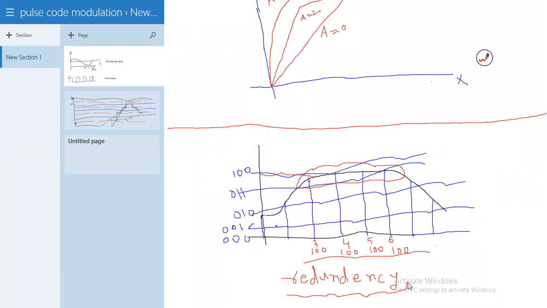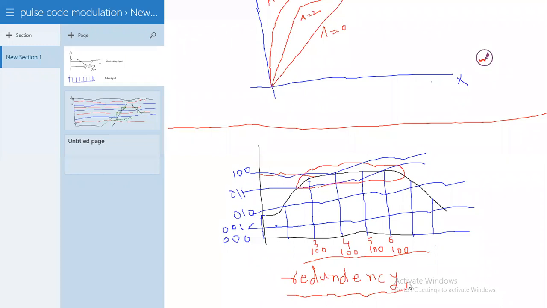What happens in PCM is, if the sample values are the same, if adjacent samples are the same, we have to allot the same symbol. According to this example, same symbol for same digital values, transmitting the same values like that is called redundancy, or the presence of it is called redundancy. To avoid it, we can avoid that redundancy by transmitting that symbol only one time.